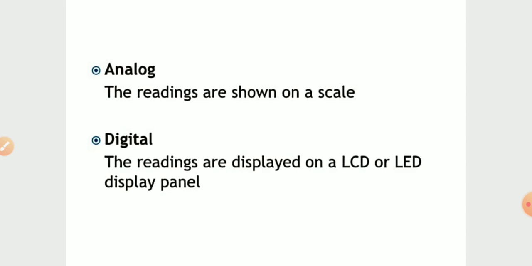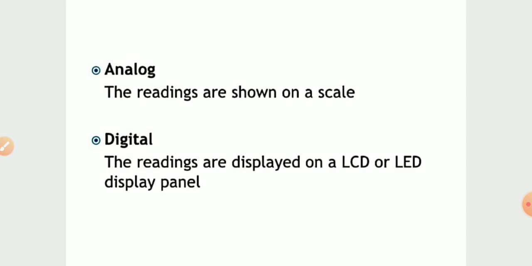We can say the movement on the scale is proportional to the voltage, and the meter whose output is obtained by the deflection of the pointer on the calibrated scale is called the analog voltmeter.